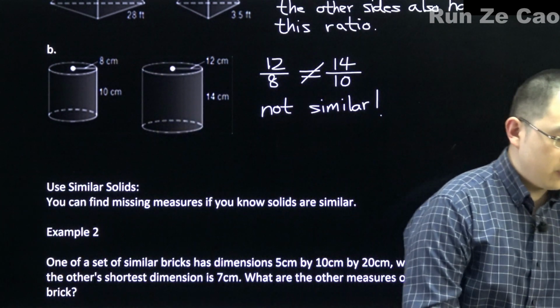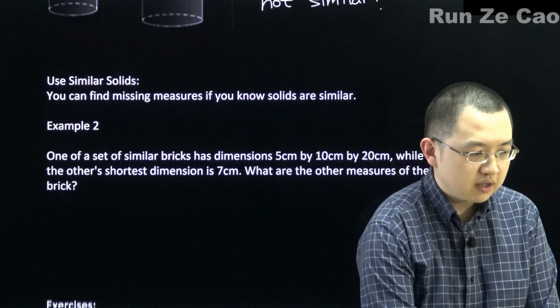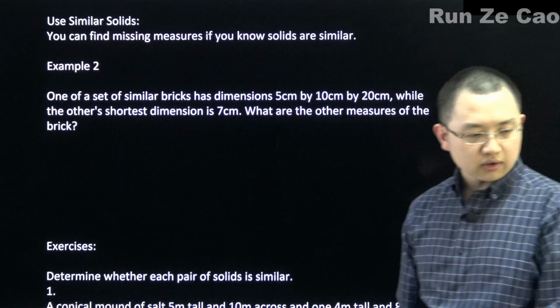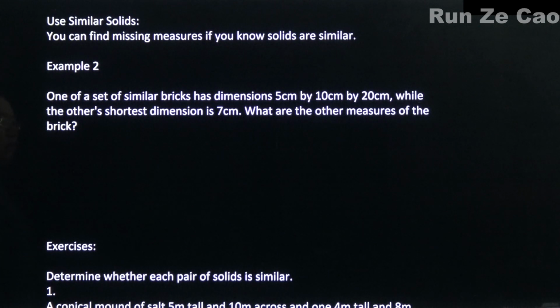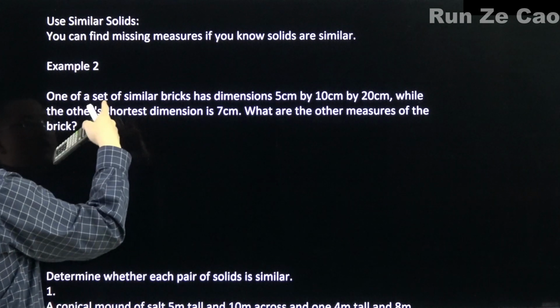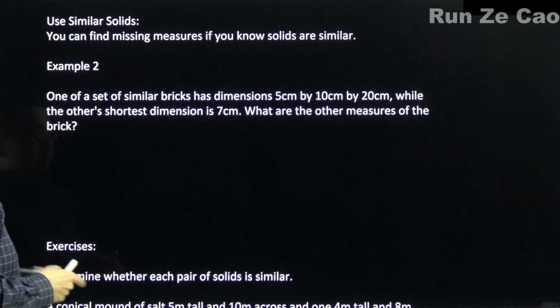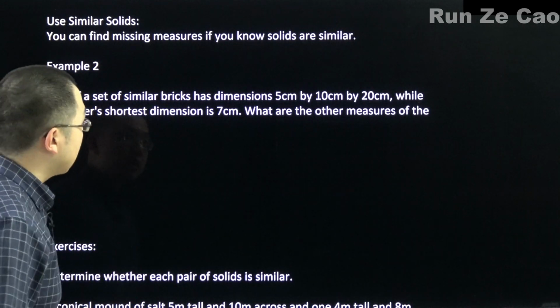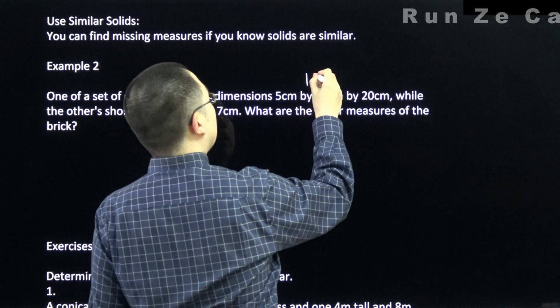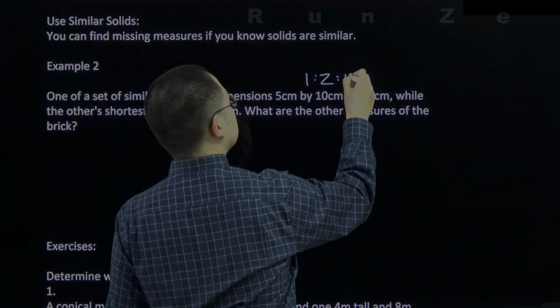Now, if you have two similar solids, you can find missing measures. For example, you can have bricks, which have a ratio of 1 to 2 to 4, and you know that they're similar bricks. One set has dimensions 5 centimeters by 10 centimeters by 20 centimeters, so 1 to 2 to 4.